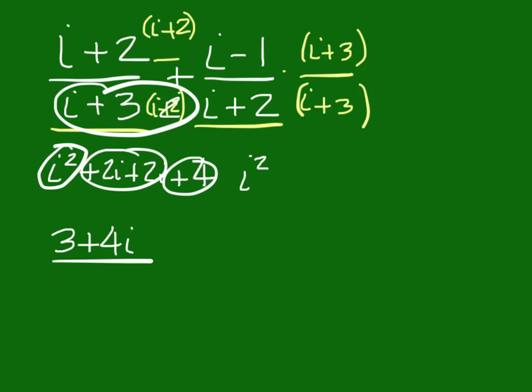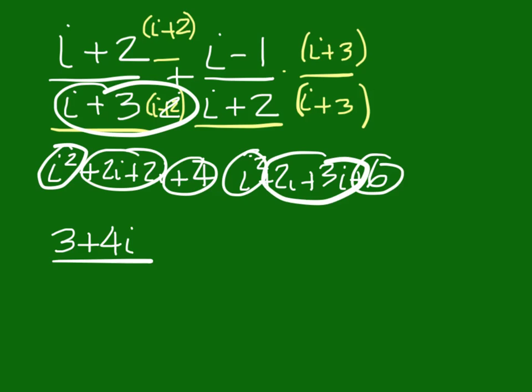I guess my plus sign is off. But you're going to have i squared plus 2i plus 3i, and then plus 6. So this is a negative 1. With that is a plus 5. So you would have 5i. 5 plus 5i.